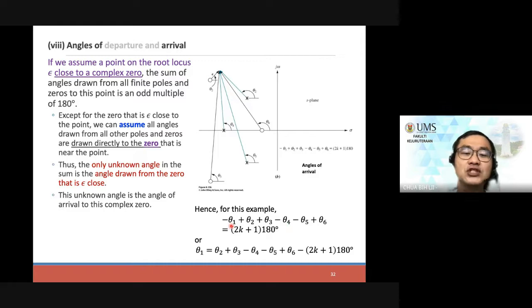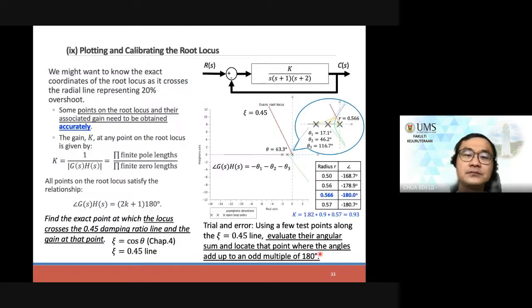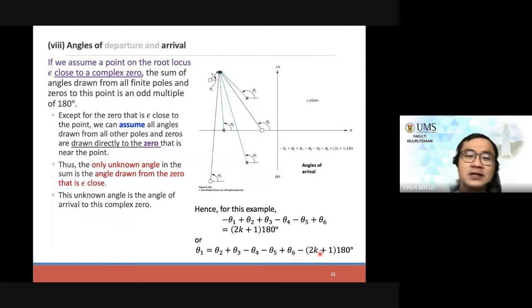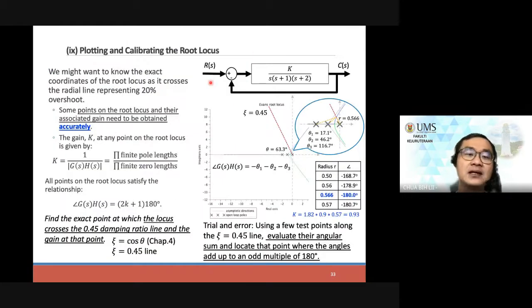Eventually we have the same equation, and you solve it, you will get the angles of arrival. From there, by knowing the angles, we can connect from the departure to the arrival based on the angle. So this is how we can plot and calibrate the root locus.